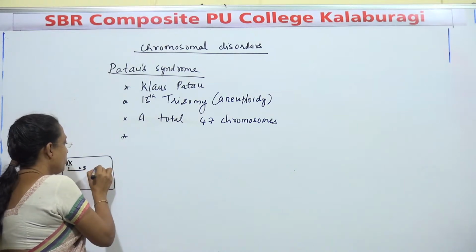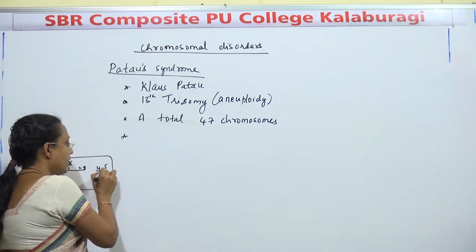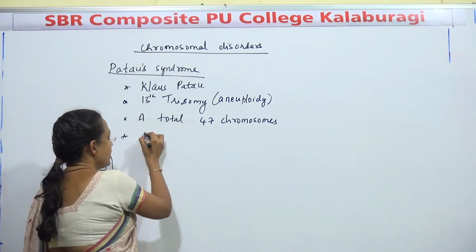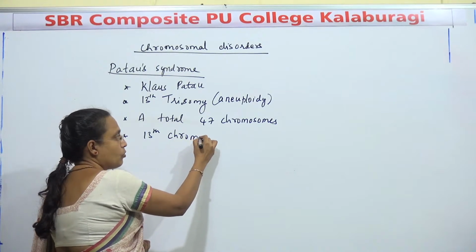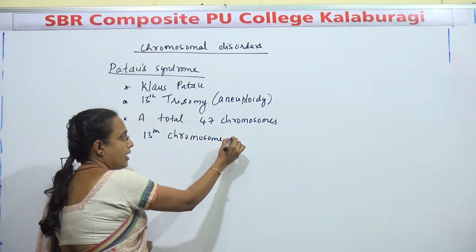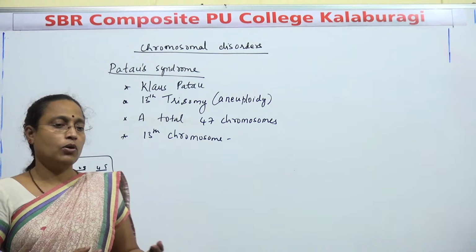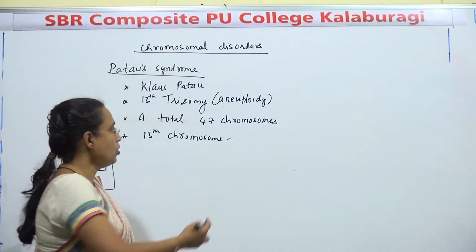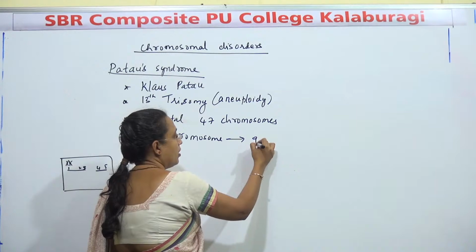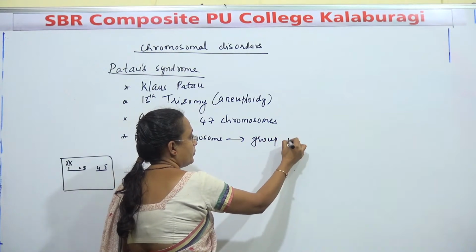This is one group, and fourth, fifth, another group, like this they will arrange. So this belongs to D group. The 13th chromosome, in a karyotype, I told you there is group A to group G, belongs to group D.